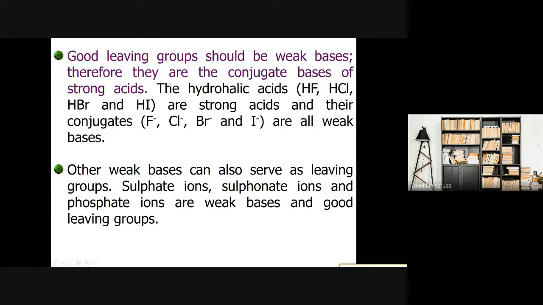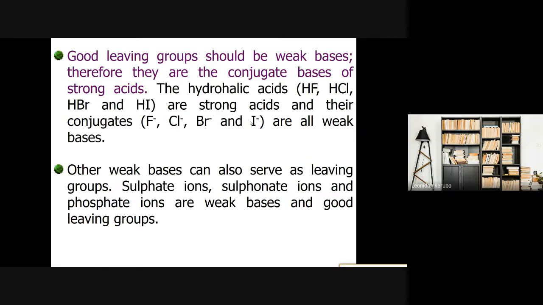The conjugate bases of strong acids are usually weak bases, but the conjugate bases of weak acids are usually very strong bases. All the hydrohalic acids are strong acids, and the bases that result from them are weak bases, like fluoride, chloride, bromide, and iodide. Those are all weak bases, so they result from strong conjugate acids.